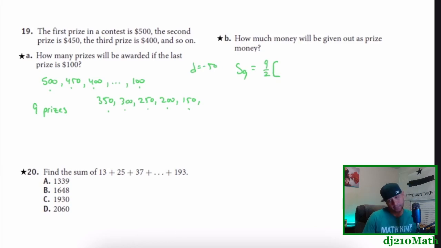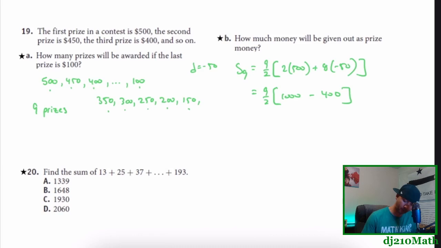So this is going to be 2 times the first term plus n minus 1. So 9 minus 1, which is 8, times negative 50. Okay. 9 halves. 1,000 minus 8 times 50 is 400. So minus 400.